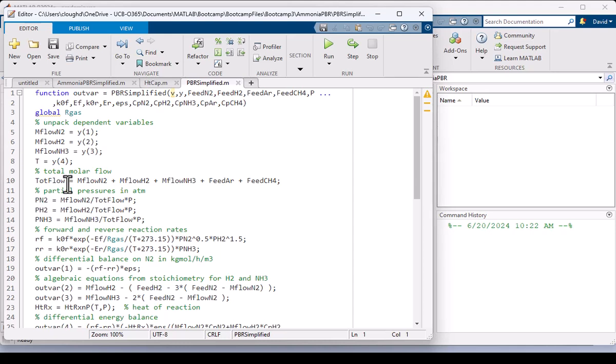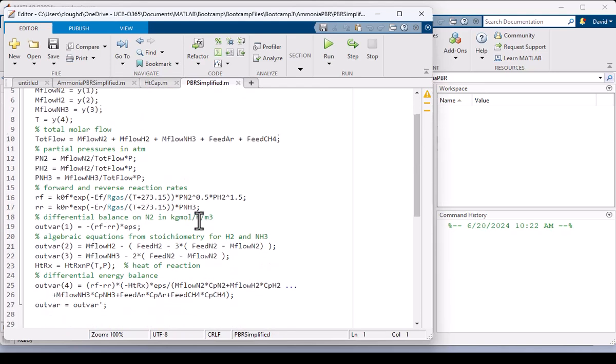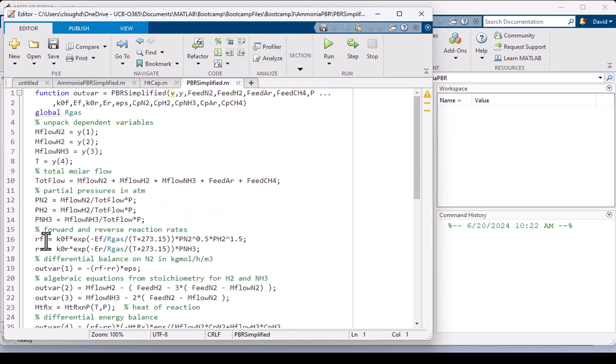Just like our model information flow diagram, we follow that now, and we create the calculations of our model, the total flows, the partial pressures. Now with the partial pressures in hand, we can calculate our reaction rates, using the temperature and the Arrhenius expressions and our partial pressures.